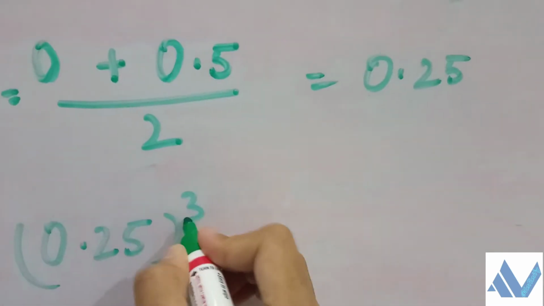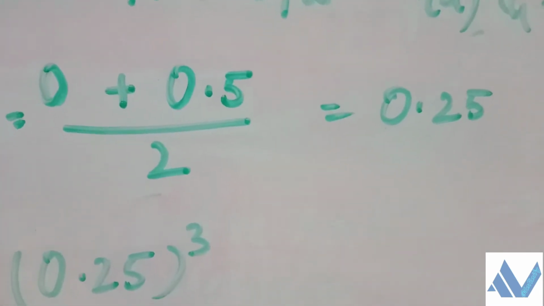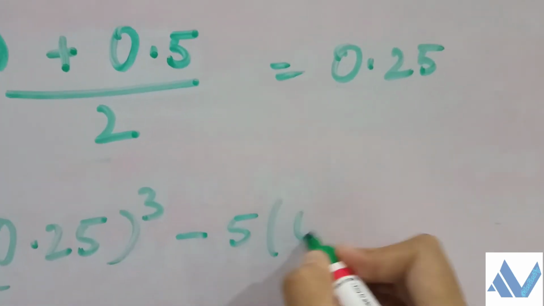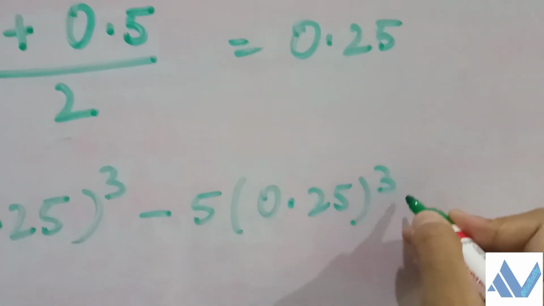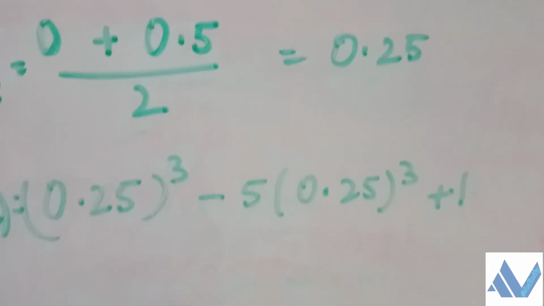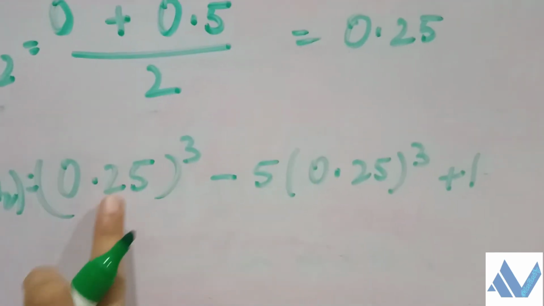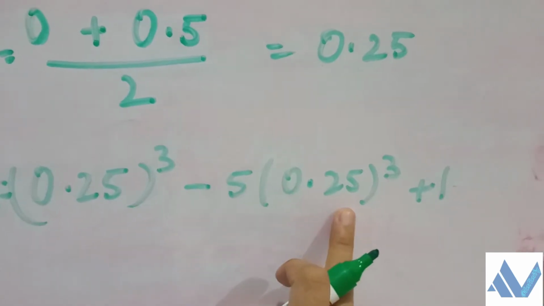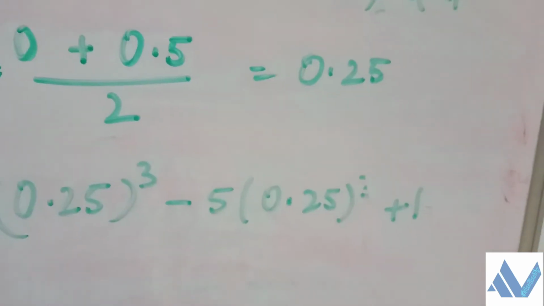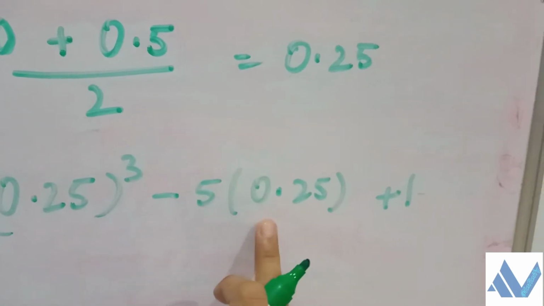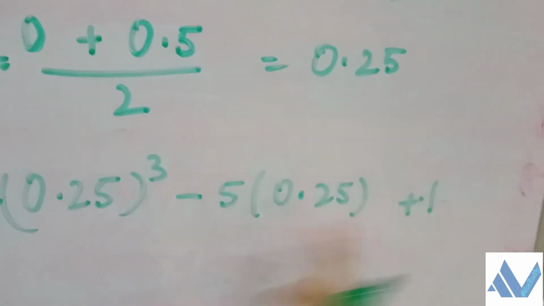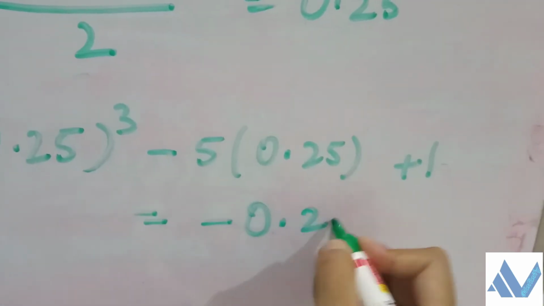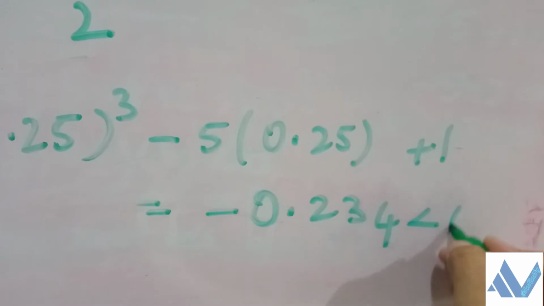f(x2) equals 0.25 the whole cube minus 5 of 0.25 plus 1. Solving this on a calculator, make sure you do the cube first, then multiply 5 into this, and plus 1, and then you get the answer as minus 0.234, which is again less than 0.